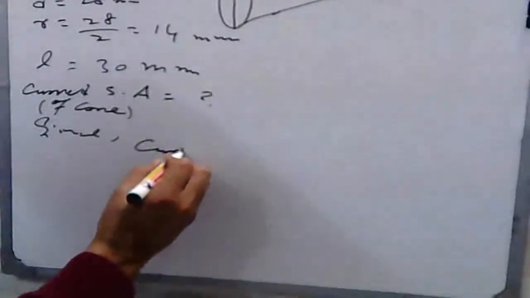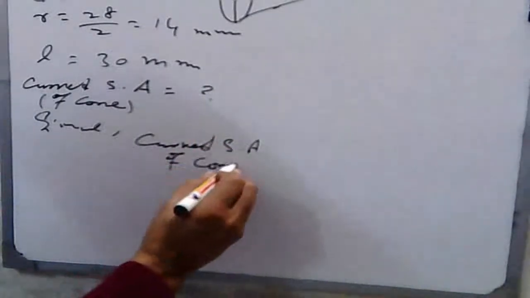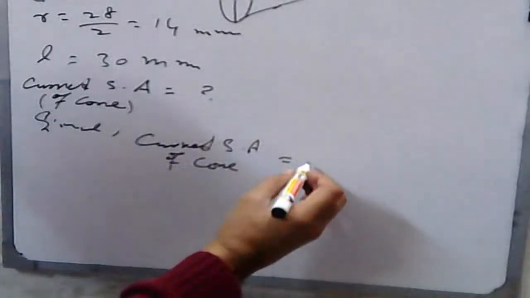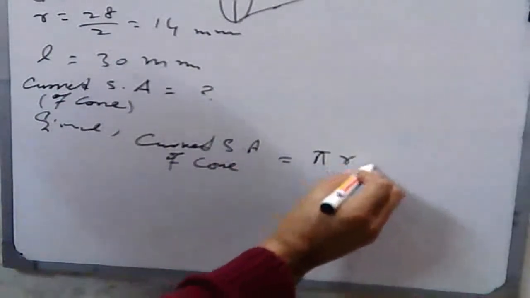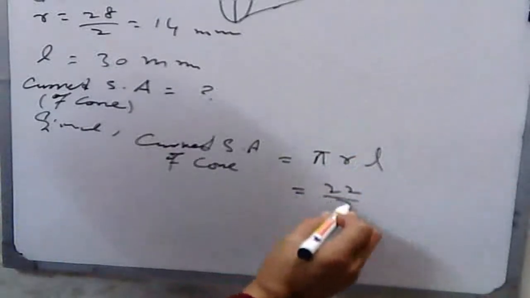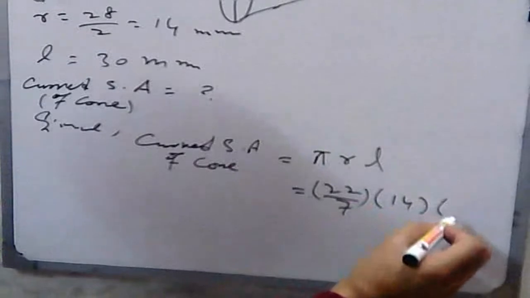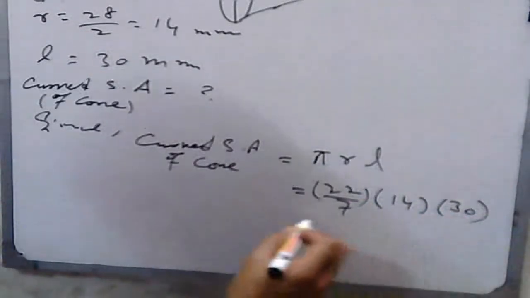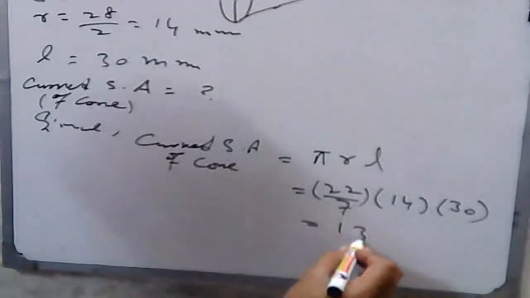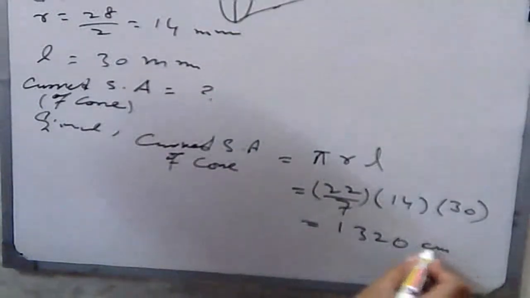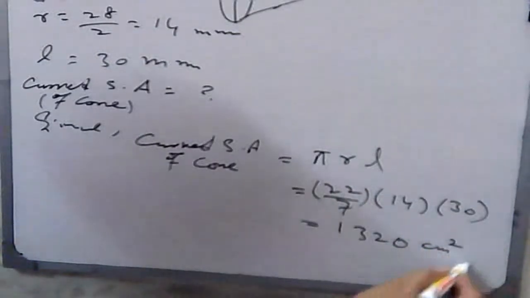Write neatly. So the curved surface area of cone, since we have a formula, curved surface area of cone is equal to pi RL. So putting the values, and we have to simplify it. So after simplification you will get 1320 centimeter square.